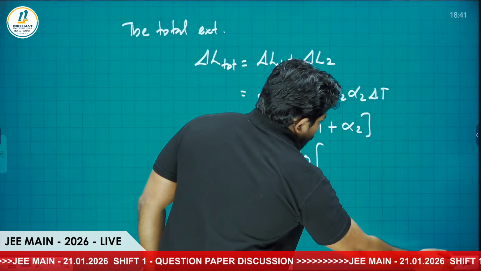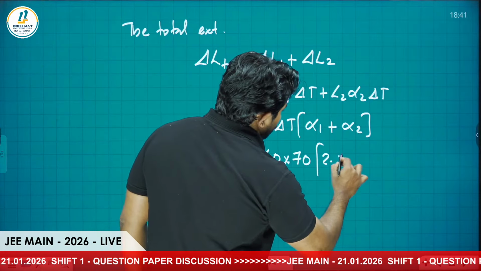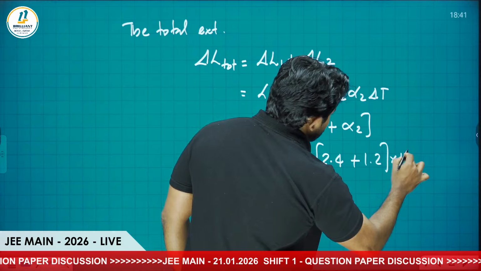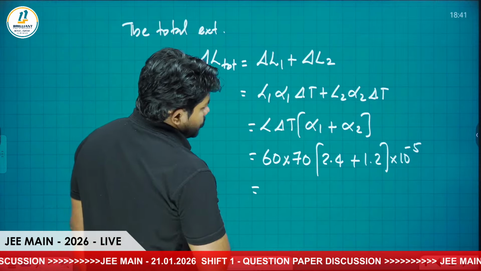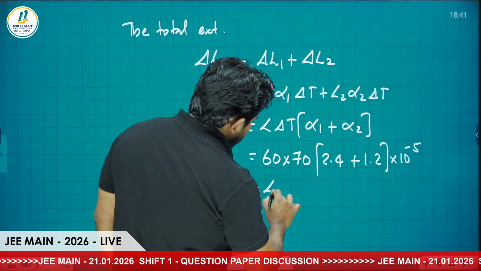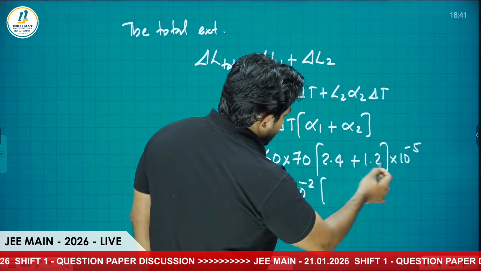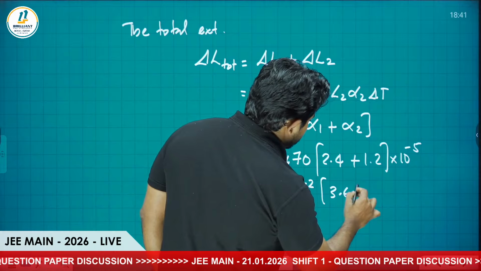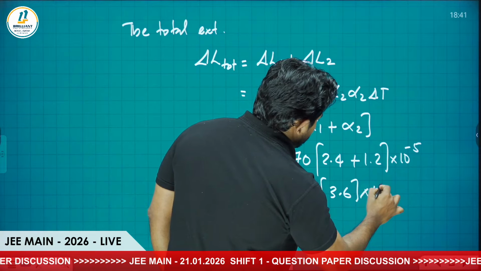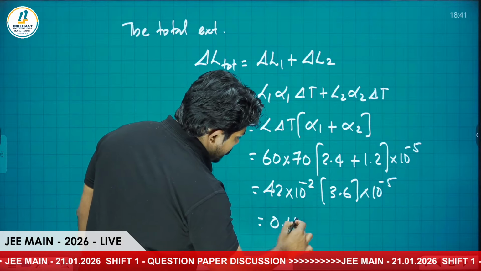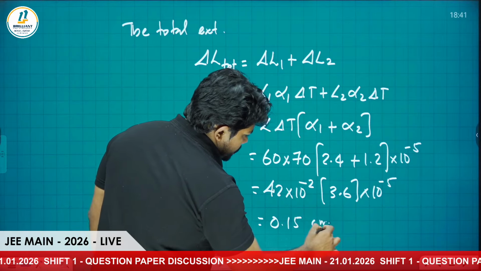So we get 2.4 plus 1.2 times 10 raised to minus 5. This will be 42 times 10 raised to minus 2, then multiplied with 3.6 times 10 raised to minus 5. So this will round off to 0.15 centimeters.